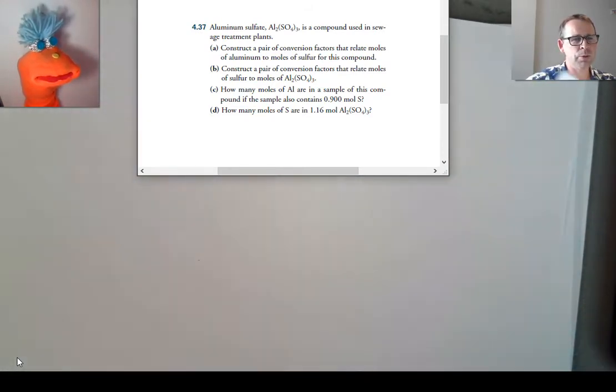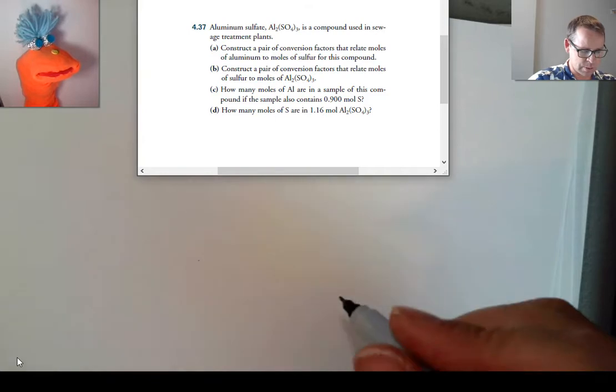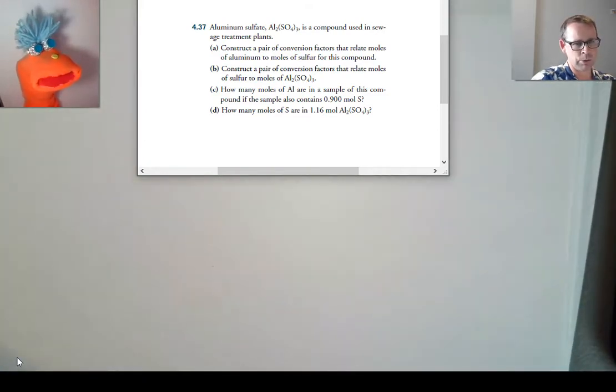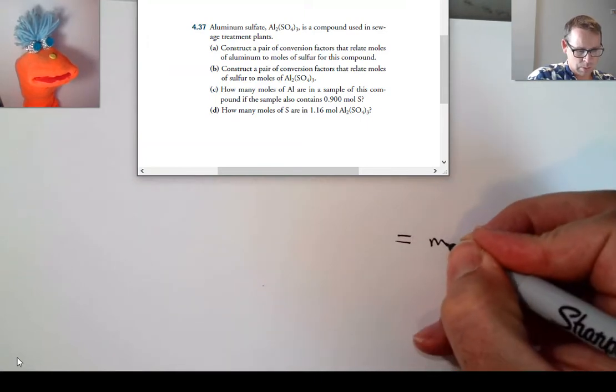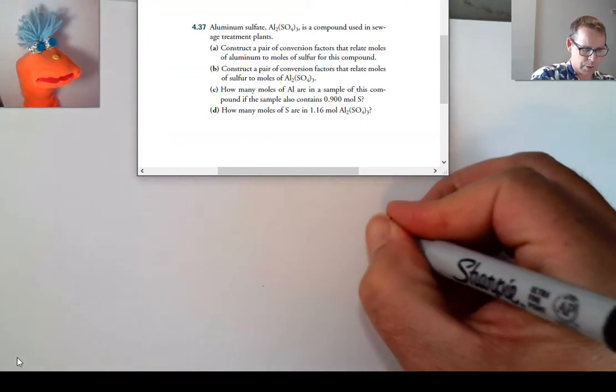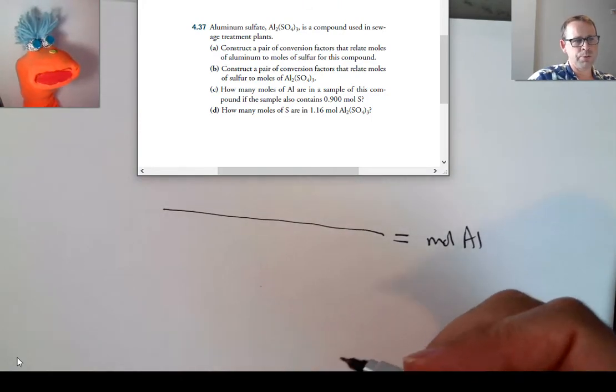How many moles of aluminum are in a sample of this compound if the sample contains 0.9 moles of sulfur? Moles of aluminum. That's what we want, right? That's right. So that goes where? To the right of the equal sign. Very good. We get an equal sign and we say moles of aluminum. What do we start with? 0.9 moles of sulfur.